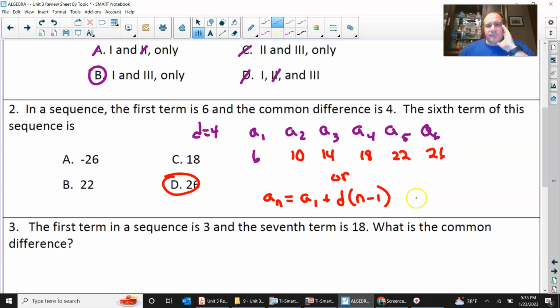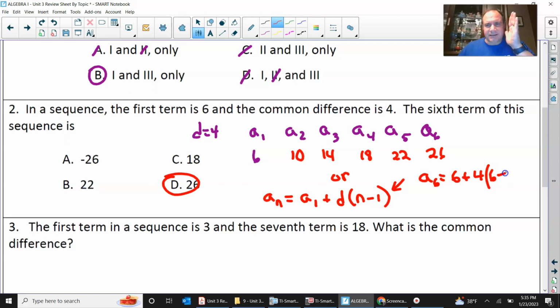But if we're using this formula right here, we're going to figure out what a sub 6 is. So a sub 1, they're giving you, the first term is 6. The common difference, they're giving it to you, is 4. And then you're trying to find what n, the sixth term, is.